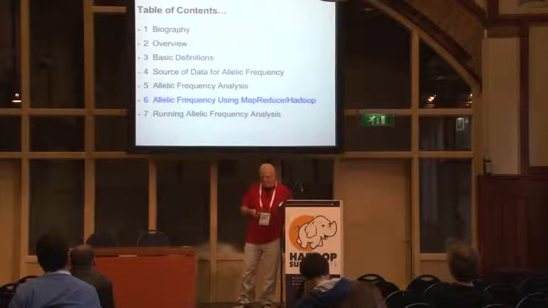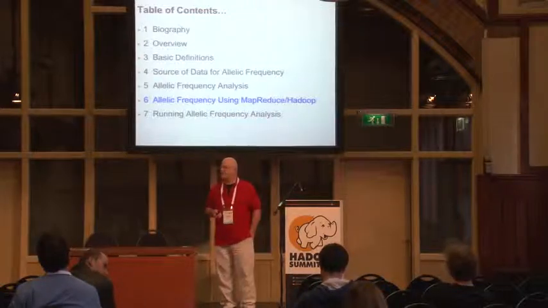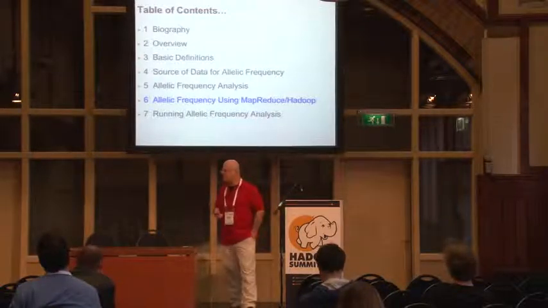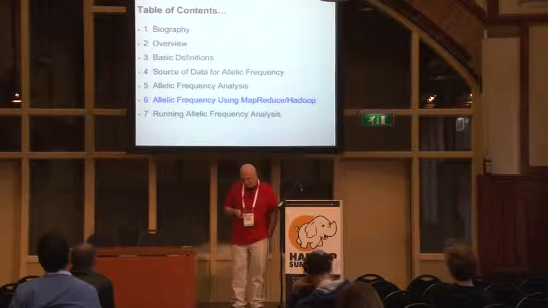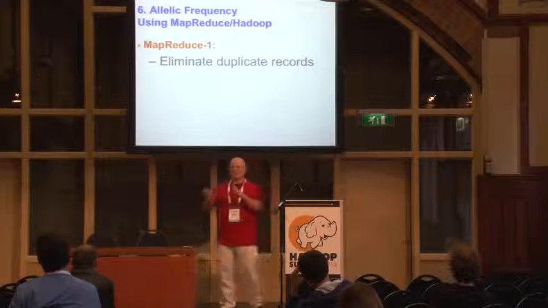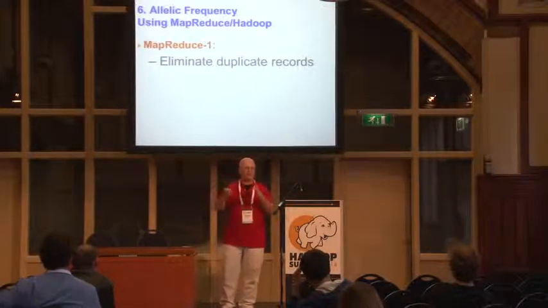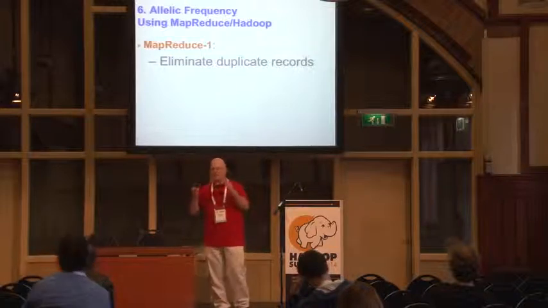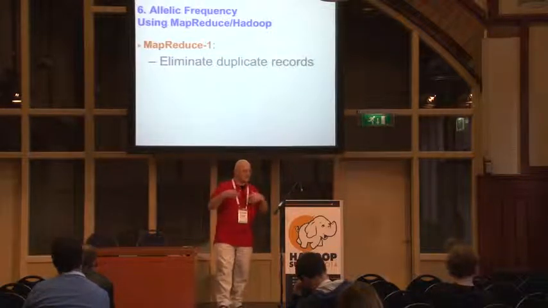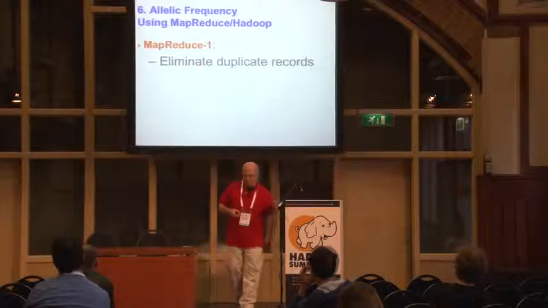Next, I will talk about what kind of MapReduce algorithms we used to solve this problem. By the way, we did not just sit down and invent this algorithm. This was a requirement from a pharmaceutical company called Sanofi, and we worked with them to find this algorithm and present it.